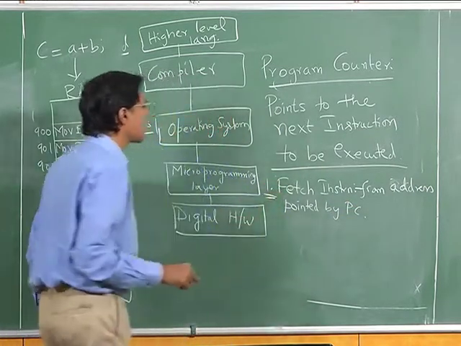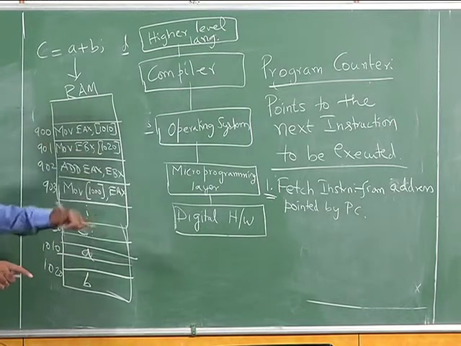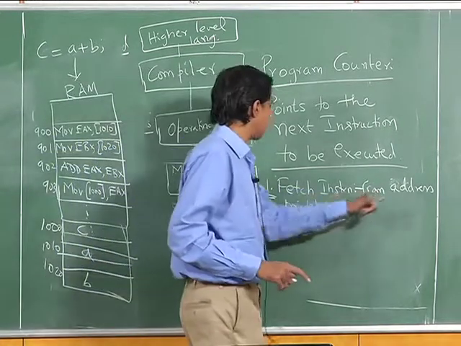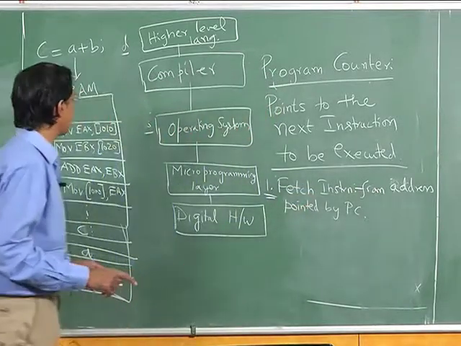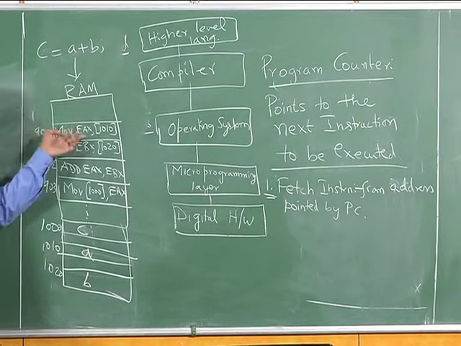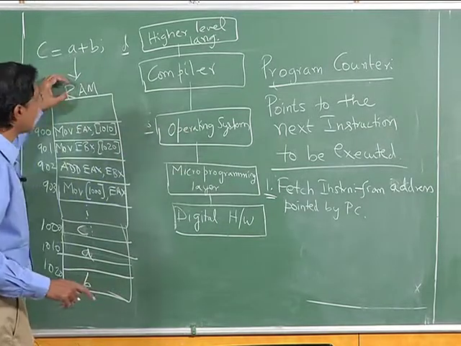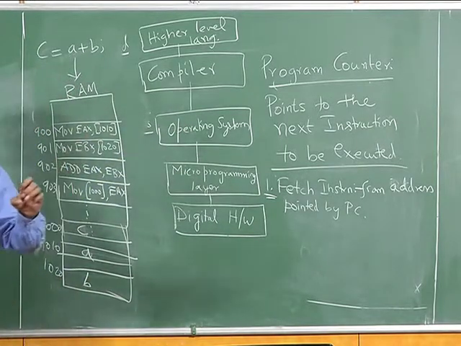So the first step is that the hardware will fetch the instruction from the address pointed to by the program counter. That means it will fetch this instruction, namely move EAX, 1010, from the random access memory into the CPU.